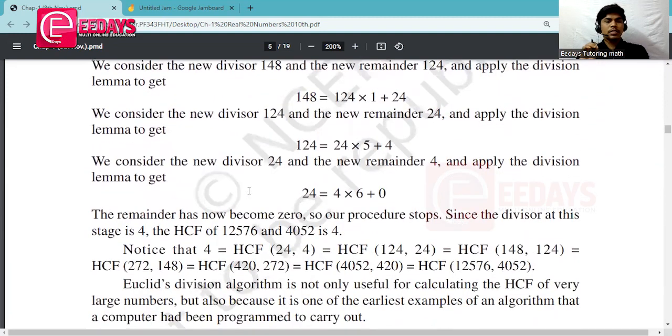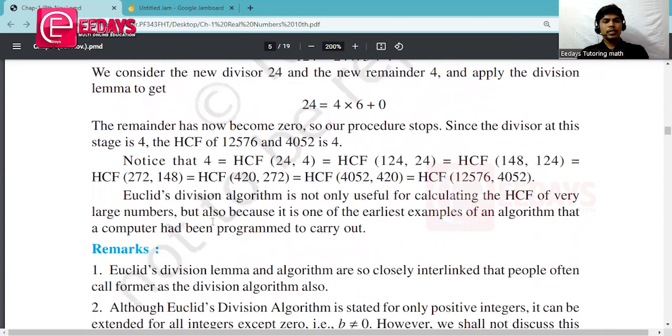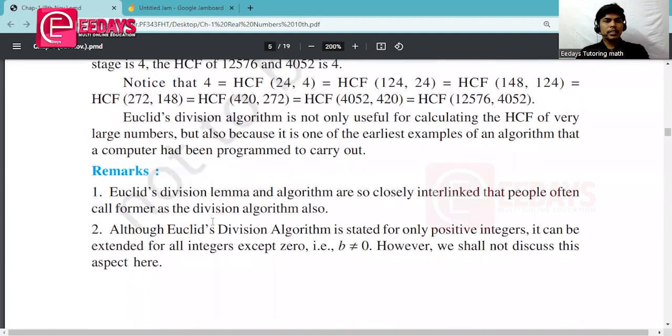After writing 7 steps of the procedure, you get remainder 0. The HCF is 4. You should be careful in finding the HCF. If you couldn't get remainder 0, you don't stop there. Try to continue till you get remainder 0.